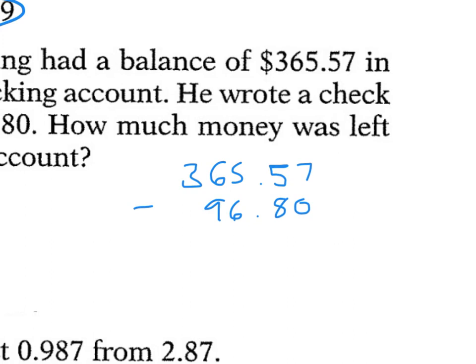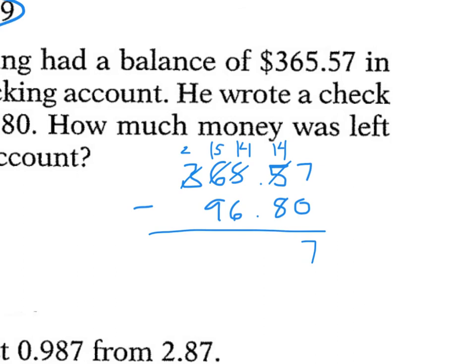So here, 7 minus 0 is 7. 5 minus 8, can't do that. So this needs to become 4. This becomes a 4. This one becomes a 5 to make this a 14. And then this has to become a 2 to make this a 15.